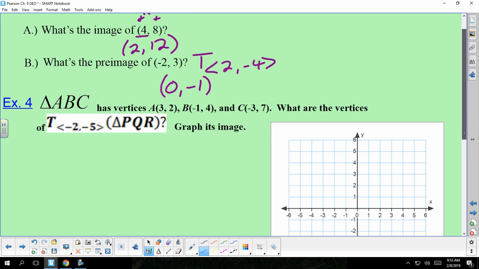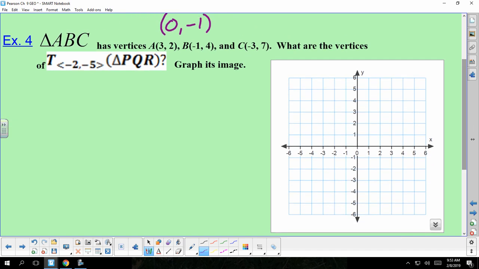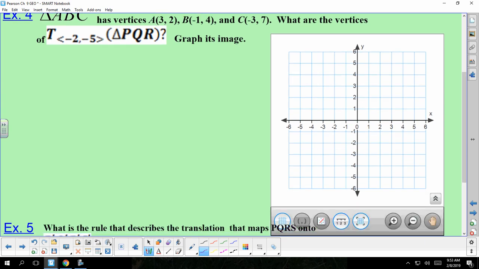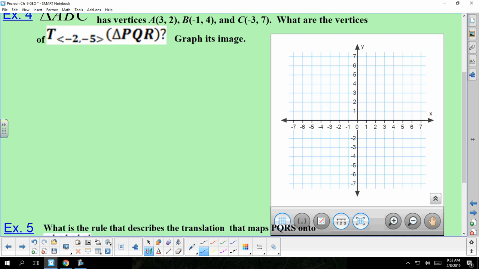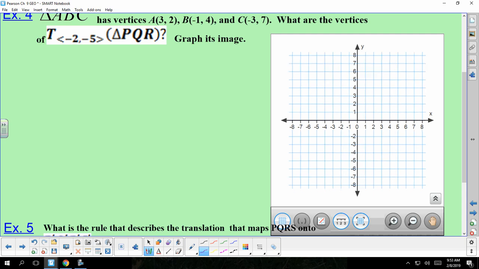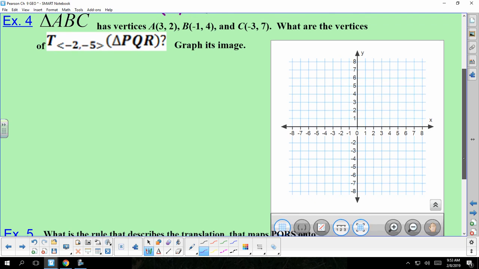All right, graph these points on your coordinate plane. This will be a triangle, and go ahead and connect them as well. So we have 3, 2, negative 1, 4, negative 3, 7.